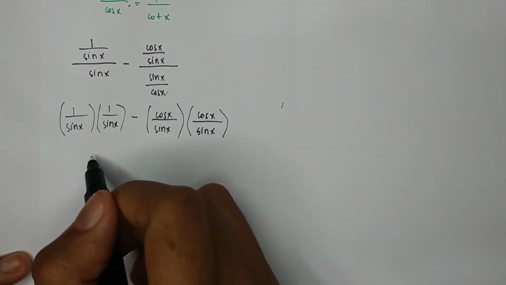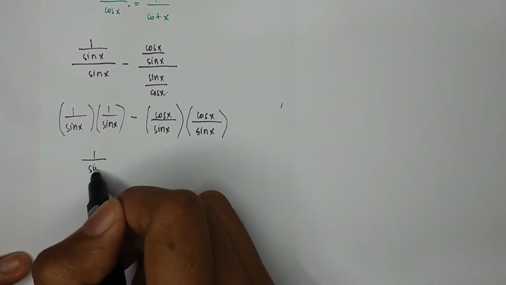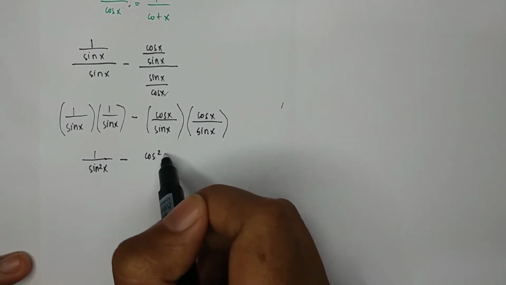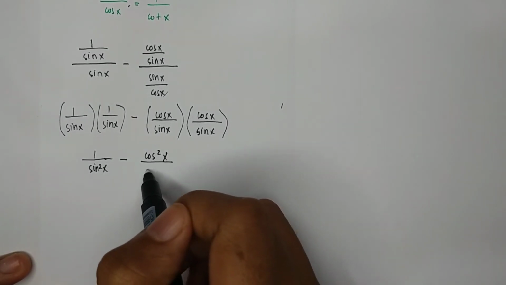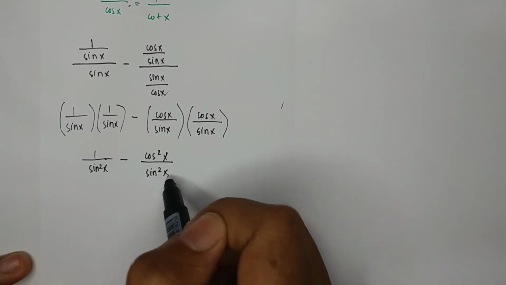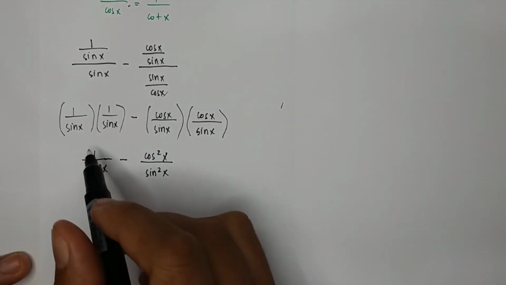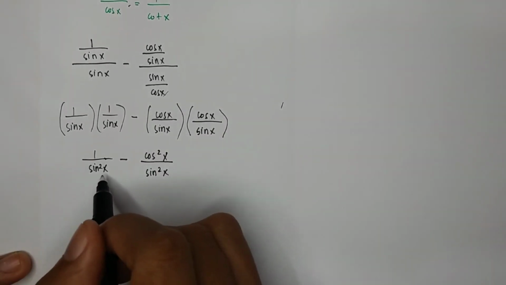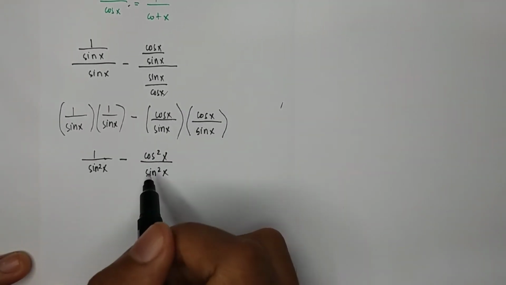So, kung i-multiply natin yan, we have 1 over sine squared x minus cosine squared x over sine squared x.